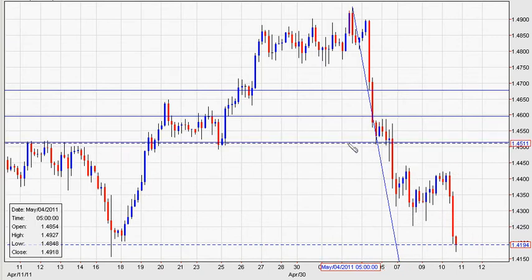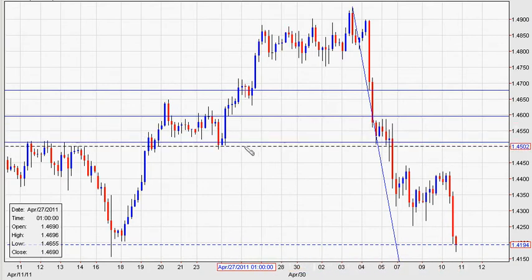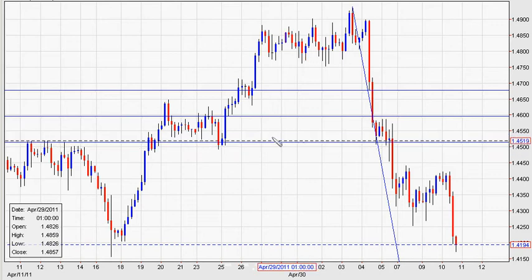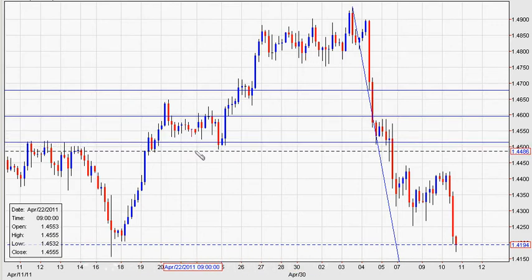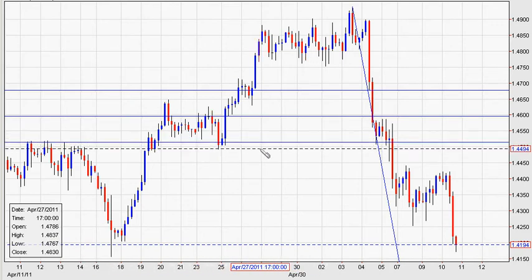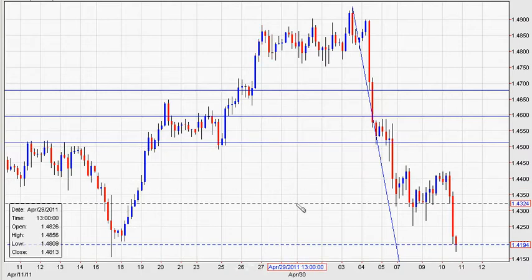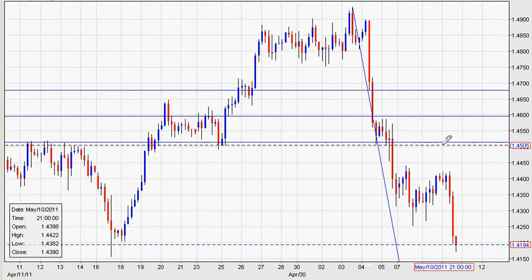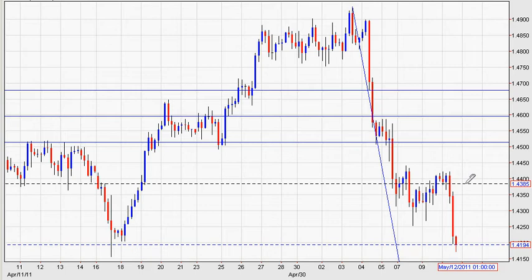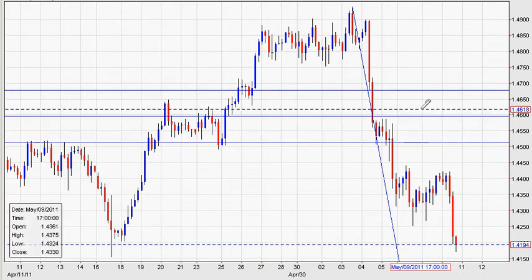The first one comes in at this resistance area right here, which is very strong. And it's also right past 1.45. So it also has that large round number and the middle of a larger one holding it back. And I really think that's the most likely spot.